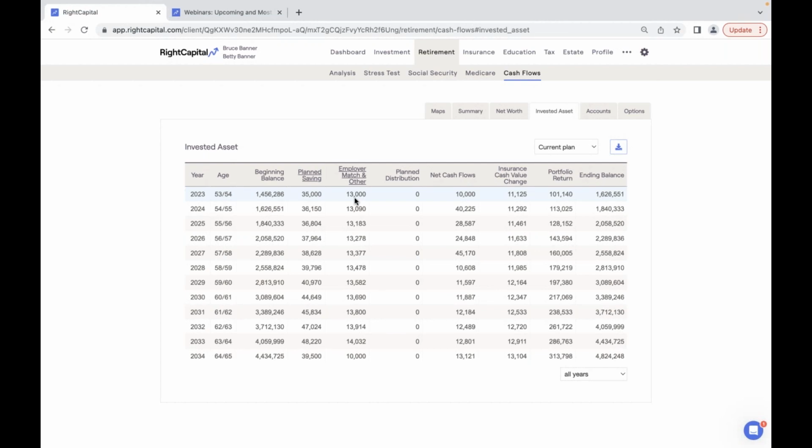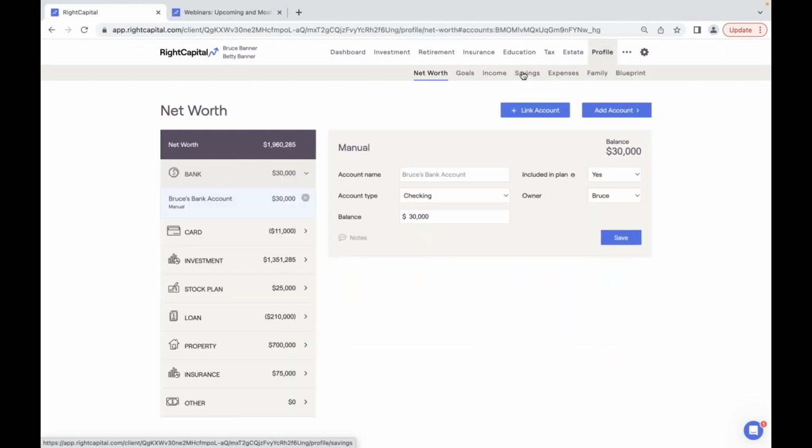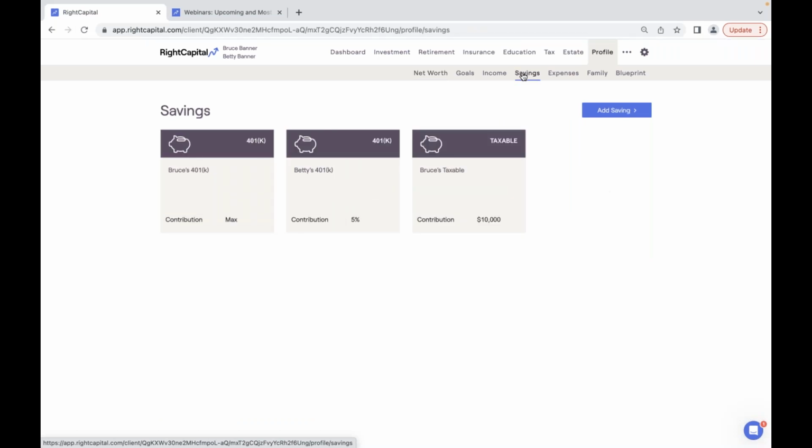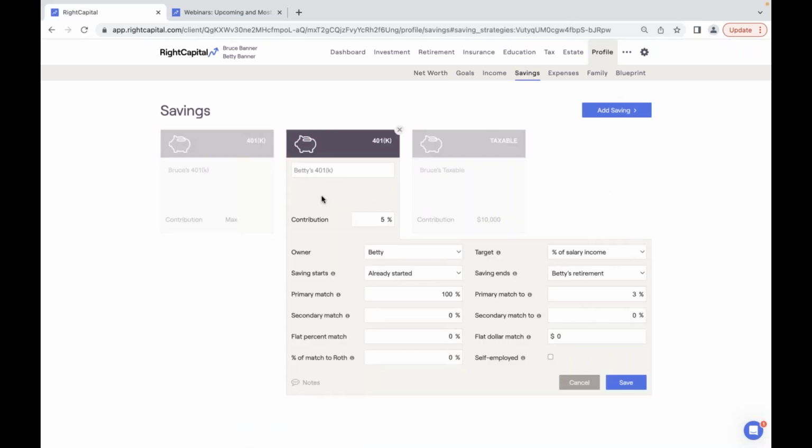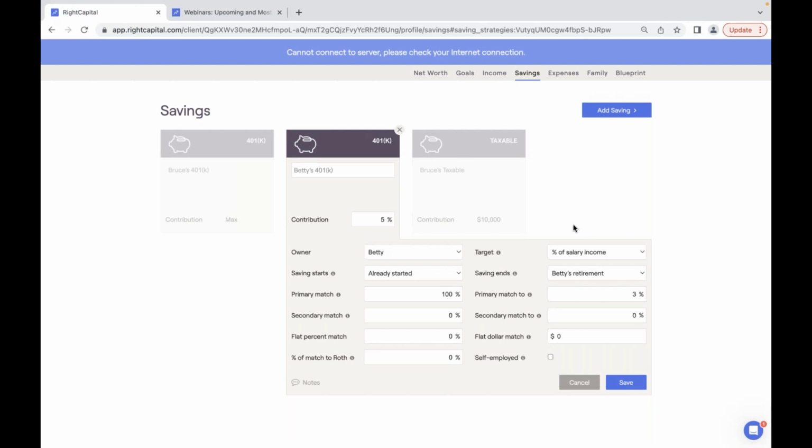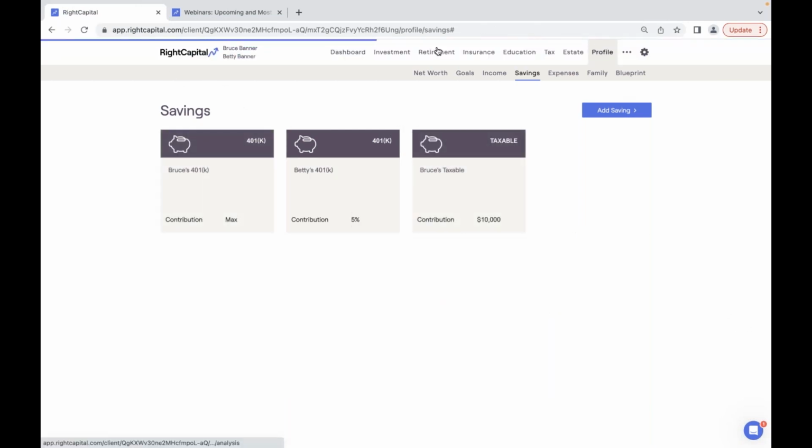So if you are indicating an employer match in the 401k savings, for example, so if I'm in the data entry, let's call it the profile savings area, we can see that maybe Betty has a 5% contribution to her 401k, and maybe her employer is matching her based on the data points here, that there's maybe 100% up to 3% being matched for that contribution. And maybe even a portion of that is going to Roth, potentially. So we'd be able to map that out as needed. But ultimately, this is something that we'd be able to showcase within those cash flow reports pretty easily overall.